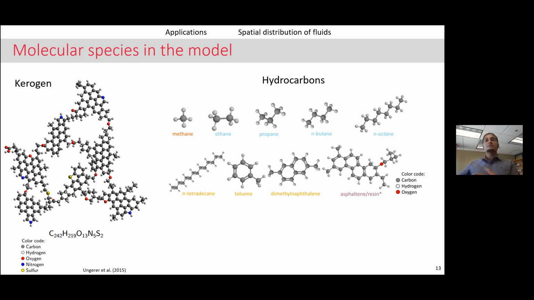The reason why it takes such a long time is because we start with multiple initial configurations, random placement of molecules, and we let each one of them evolve in time. They should all reach the same solution. If they all reach the same solution, we say, hey, this is a reasonable solution.